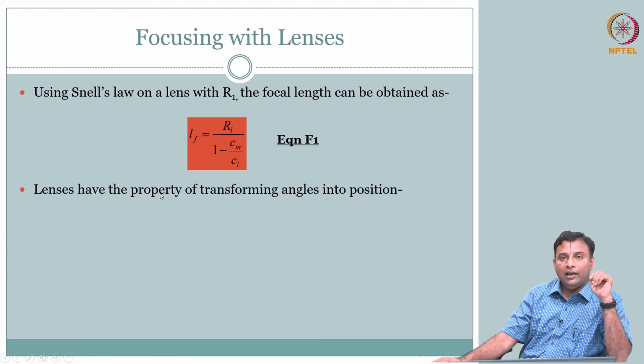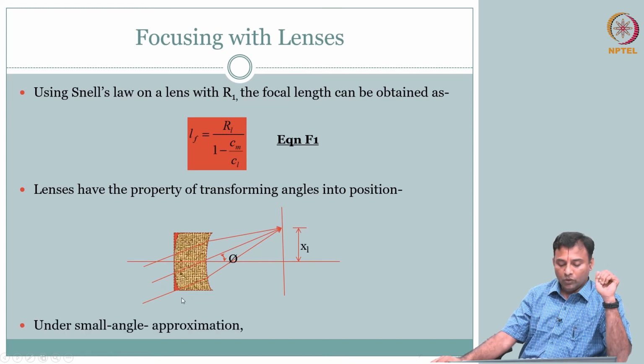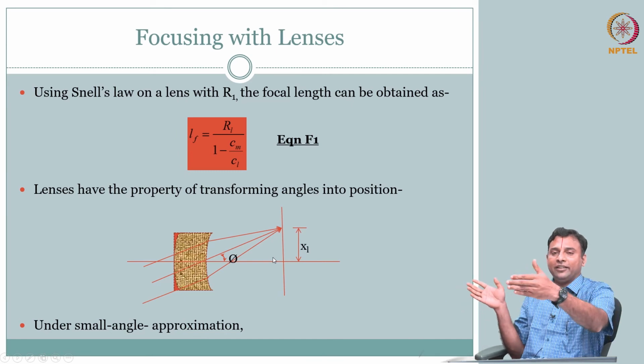So what does this lens do? It transforms position. More importantly, for example, if a beam comes and hits at an angle, this angle is transformed to position. That's what this lens is trying to do. So if we do that under small angle approximation, given this is your F_L, the idea is to reduce the spread.